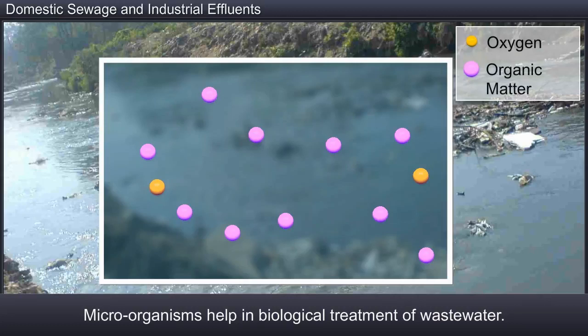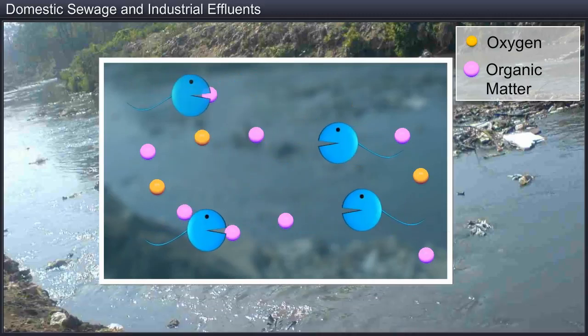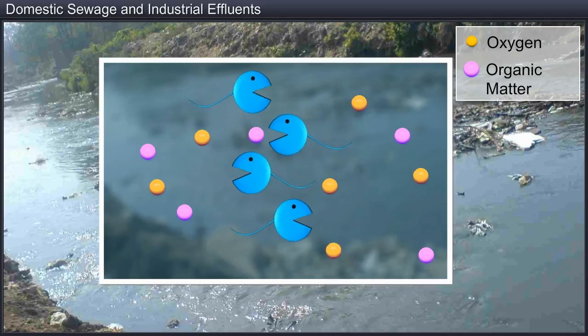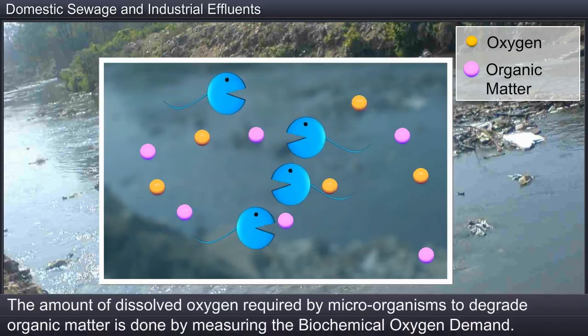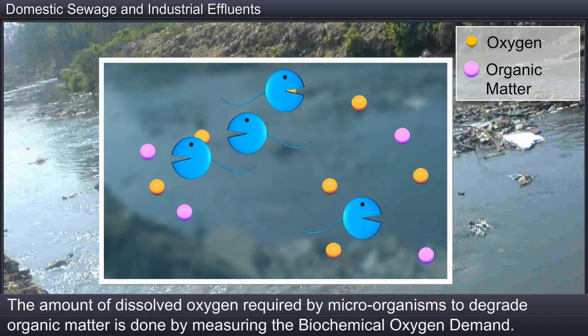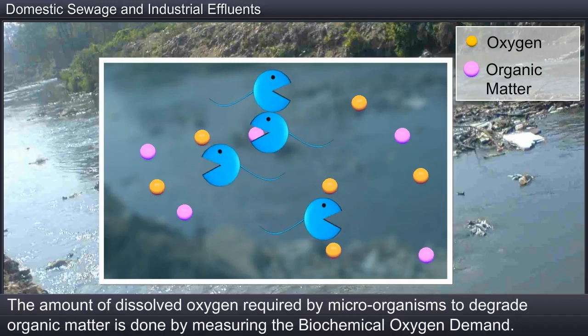These microorganisms decompose and treat the organic sewage matter by using it as a substrate to multiply. However, during this process of decomposition, microorganisms require a lot of oxygen, which is measured in terms of biochemical oxygen demand or BOD.